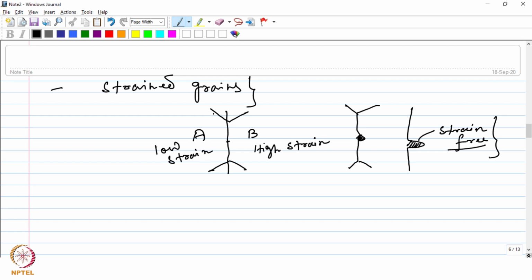So this is another mechanism of nucleation during recrystallization, okay? So this mechanism we can call by this name, nucleation by grain boundary bulging. This was proposed by these two persons.